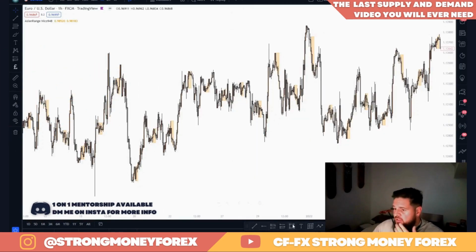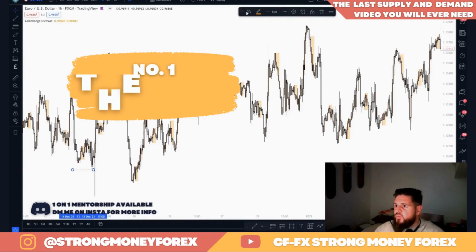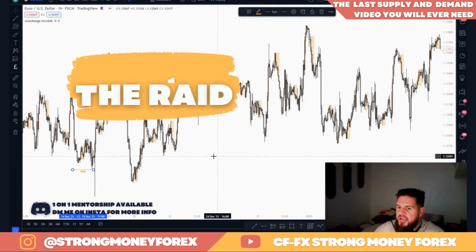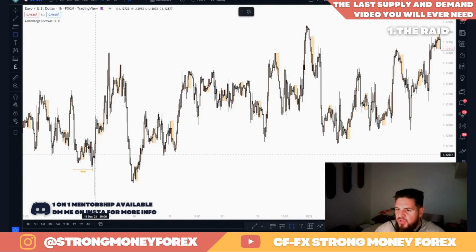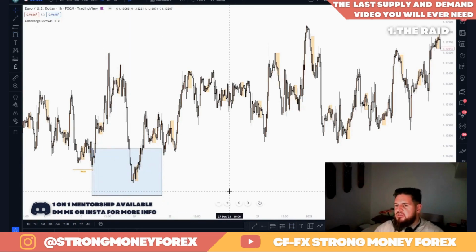So first thing I'm looking for that we've discussed in previous videos is a raid. Okay, whenever we are trading any kind of supply or demand, we always want to see a raid before. Now that doesn't mean that you can't have a supply or demand zone without a raid, because there are these, let's try and find one in this chart. I'm sure there is one here.